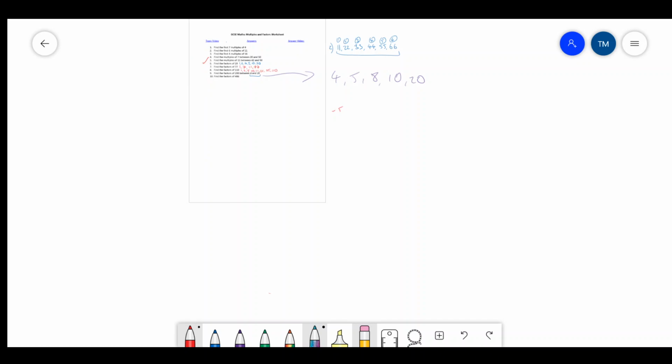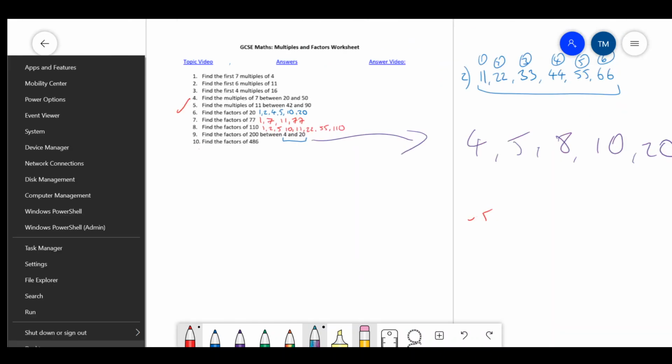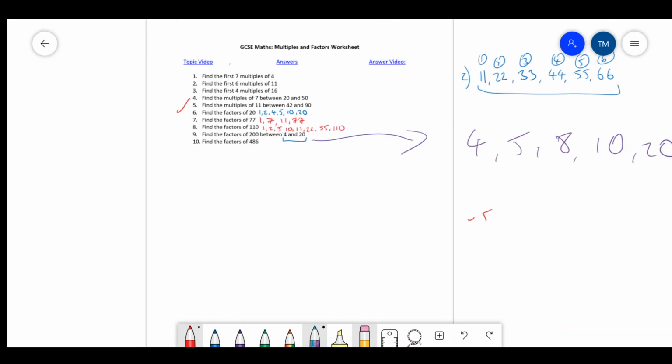So in the worksheet that you have, 486 between 1 and 7.